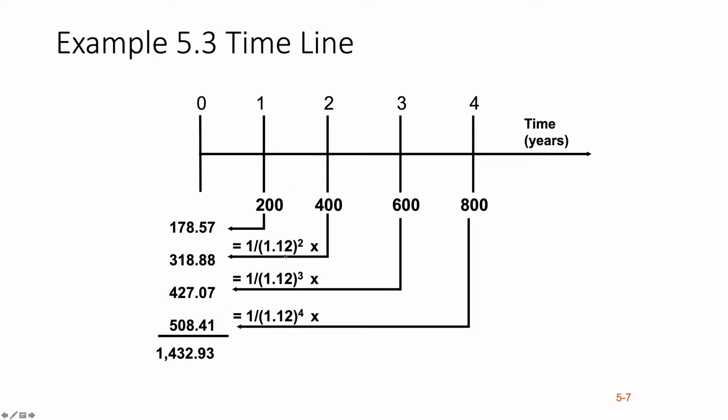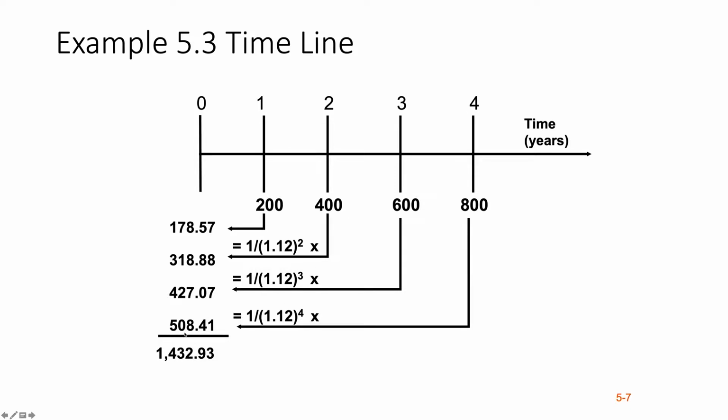Compute for present value. That present value of 400 is equal to 318.88. Now, for the 600 for 3 years, its present value is 427.07. For the 800 paid 4 years later at a cost of capital of 12%, its present value is 508.41.